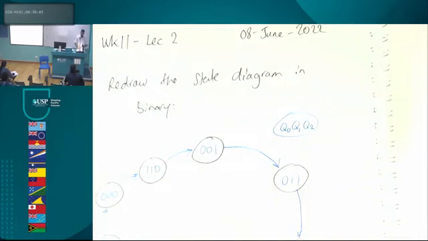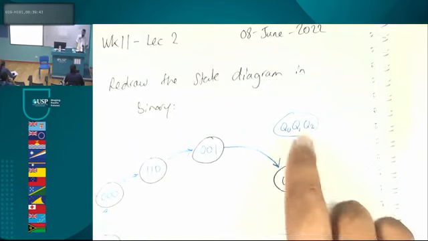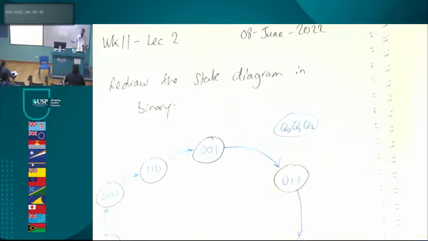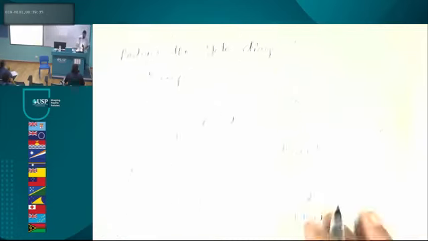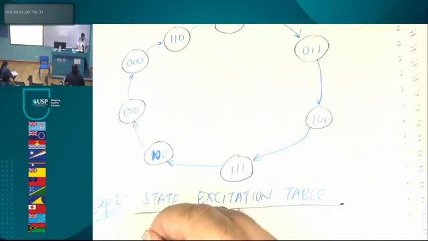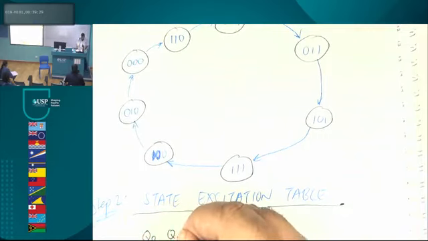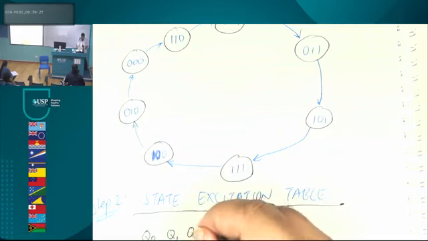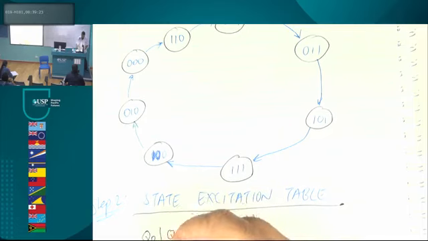In my previous one, I was calling it QB, QA. Sometimes you can call it Q2, Q1, Q0. It doesn't really matter, so long as you are consistent. We've got 3 bits: Q0, Q1, Q2. What comes in next, guys?